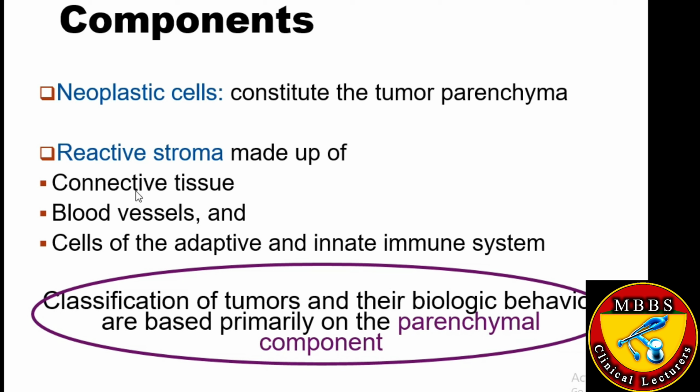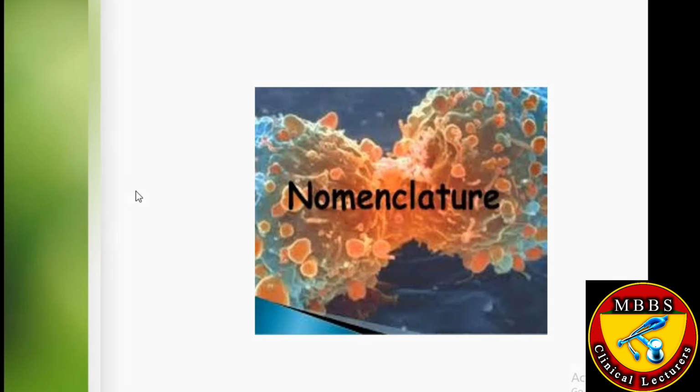Classification of tumors and their biologic behavior are based primarily on the parenchymal component. So you have to be very sure about the parenchymal component of that particular tissue. Let's come to the nomenclature.